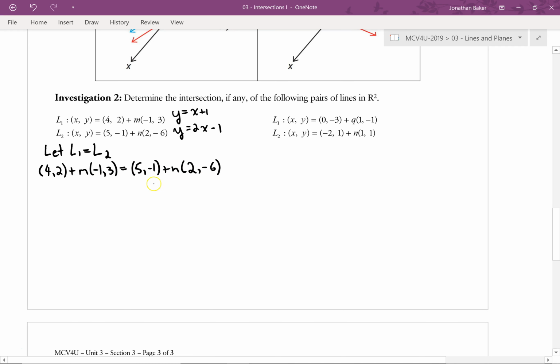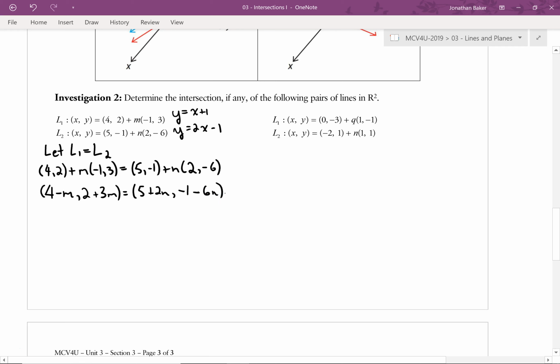We can actually create 2 equations. On the left side, we're going to have 4 minus m, 2 plus 3m is going to be equal to 5 plus 2n, and negative 1 minus 6n.